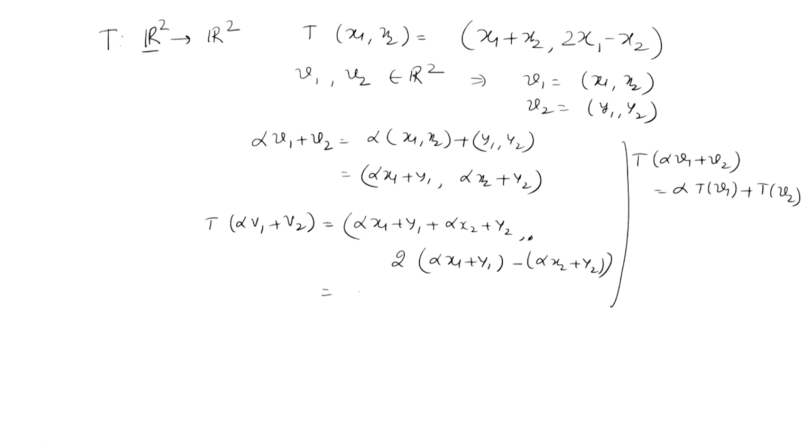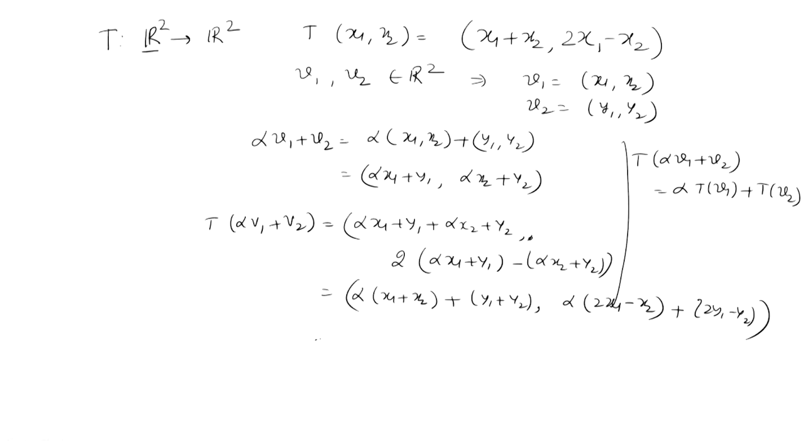Now, this can be written as alpha times (x1 plus x2, 2x1 minus x2) plus (y1 plus y2, 2y1 minus y2).